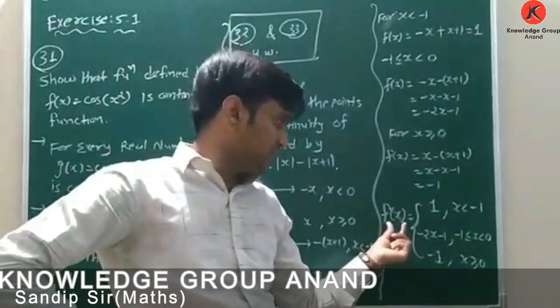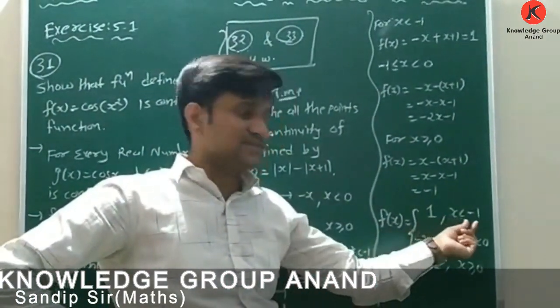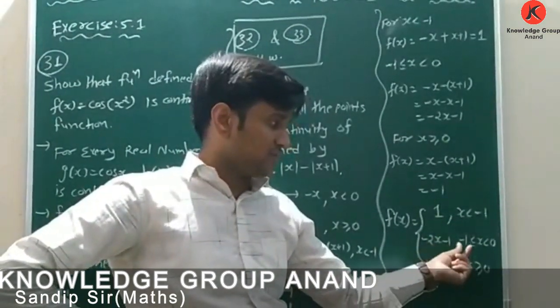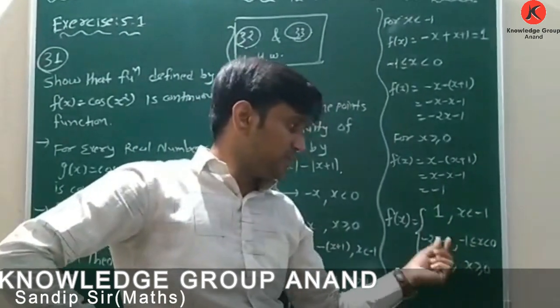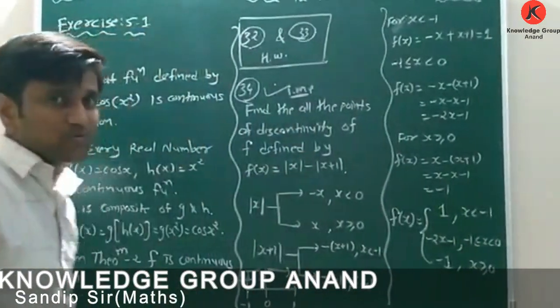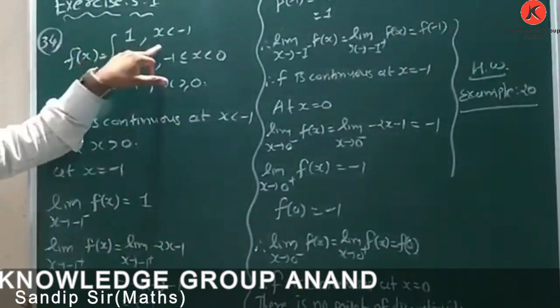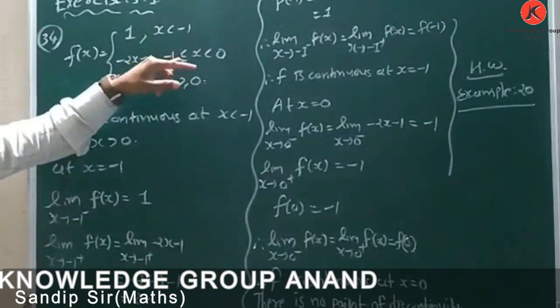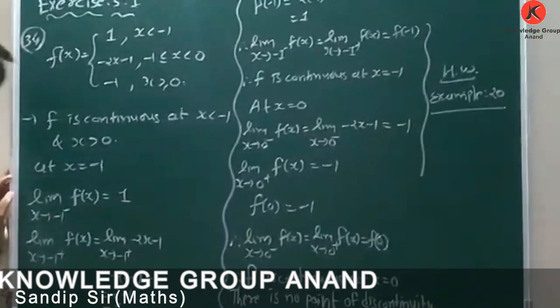So we create the function: f(x) = 1 where x < −1, −2x − 1 if −1 ≤ x < 0, and −1 if x ≥ 0.